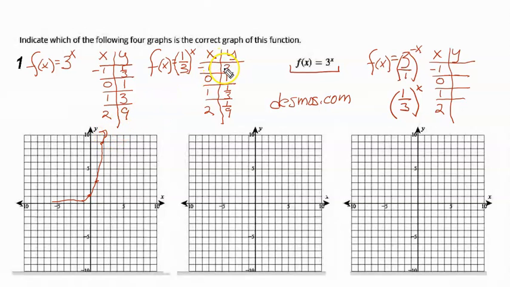Now, for this one, when we have -1, this is going to be 3. And if we had -2, that would have been 9. So it's going to look like so. Goes through 1, and then 1/3.